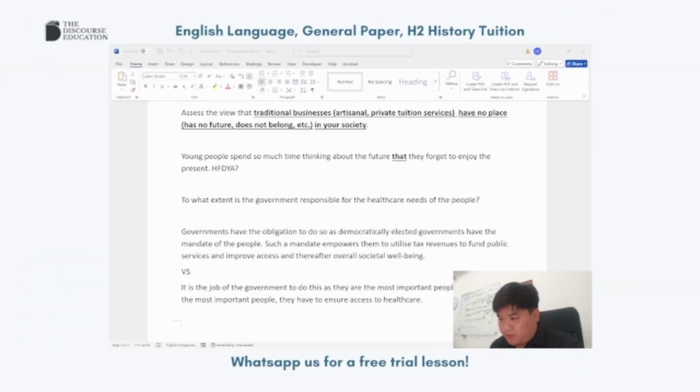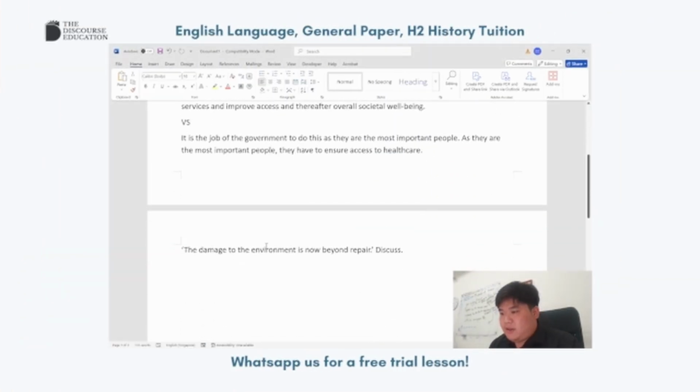So the topic of discussion was about the environment. The specific essay question was this, something along those lines, to be clear: the damage to the environment is now beyond repair. Discuss.